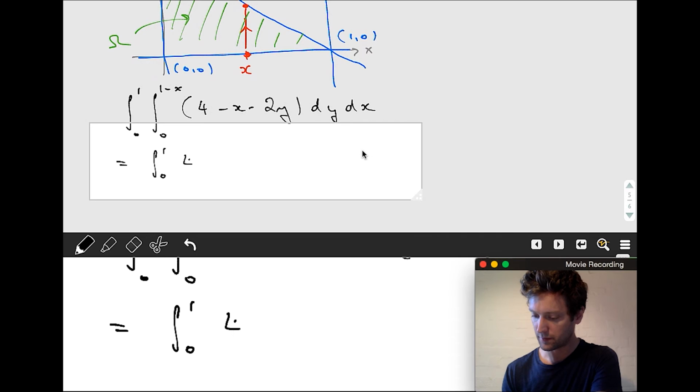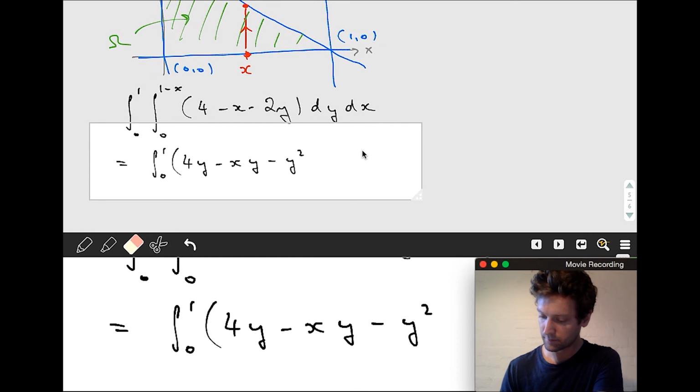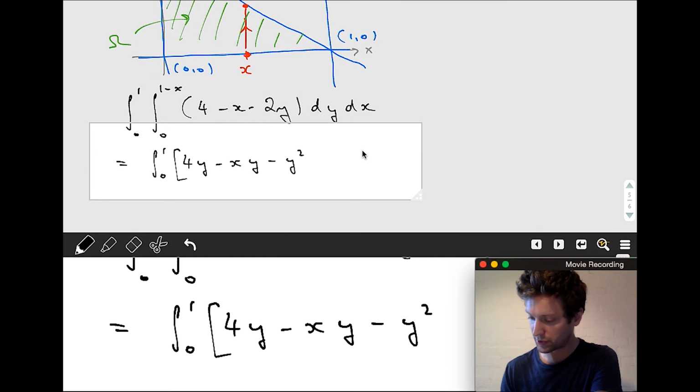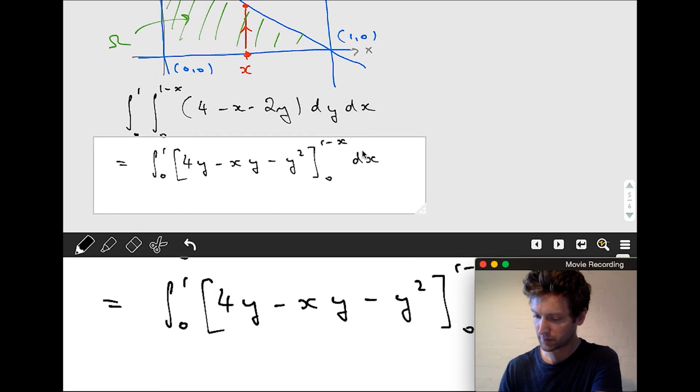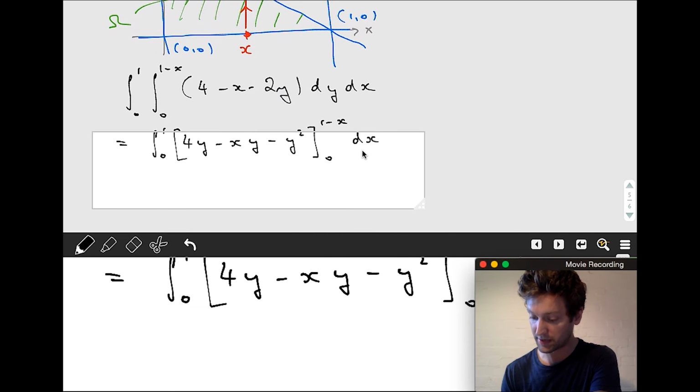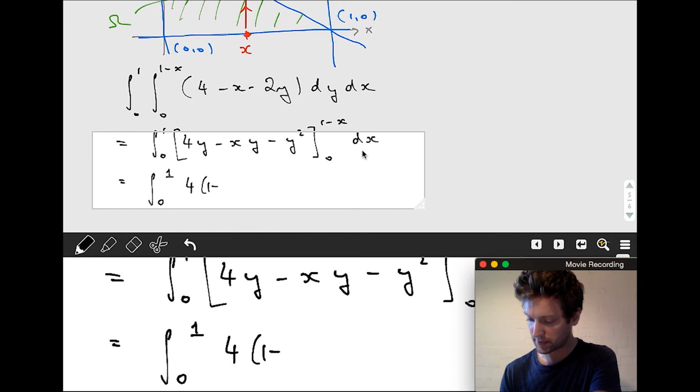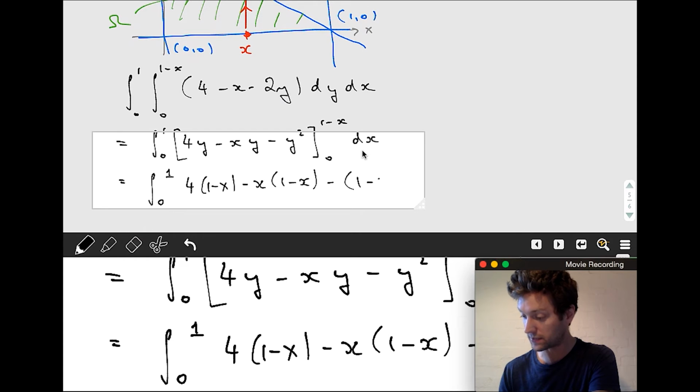So we have 4y minus xy minus y squared. Limits of integration are 0 to 1 minus x. Let's substitute in y is equal to 1 minus x and y is equal to 0. So we have 4 times 1 minus x minus x times 1 minus x minus 1 minus x all squared.